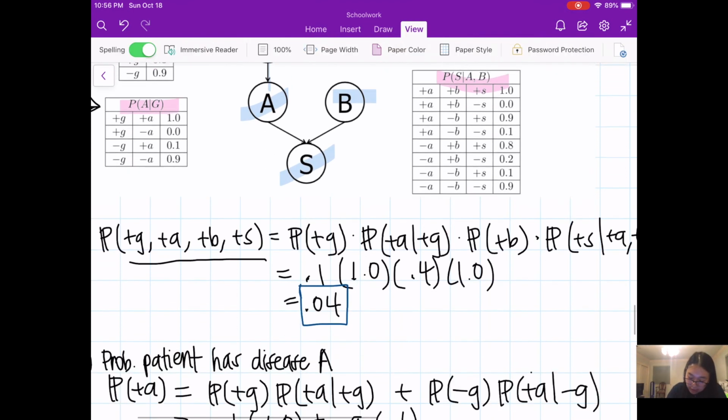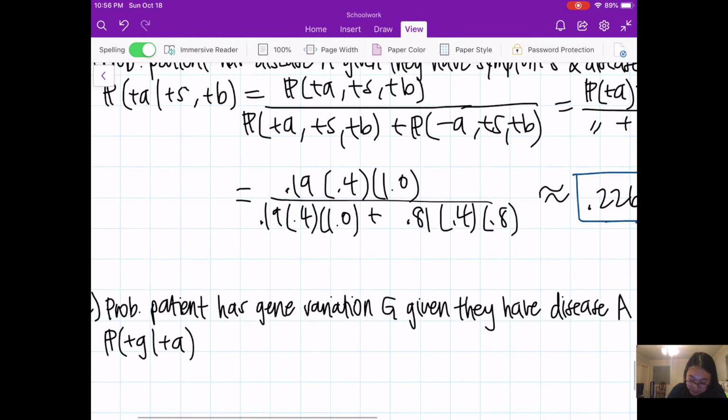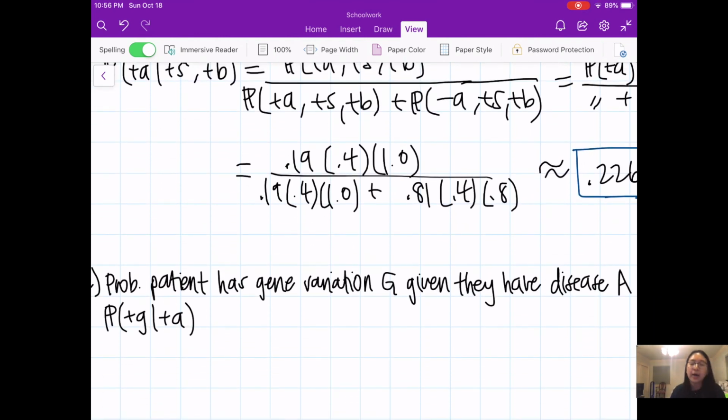Cool. So then based on that, a good way to usually calculate a situation where you have a variable given a variable is with what we call Bayes' rule.